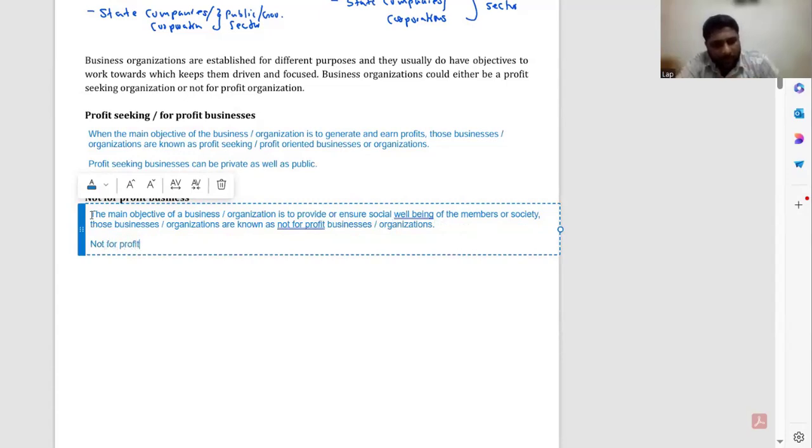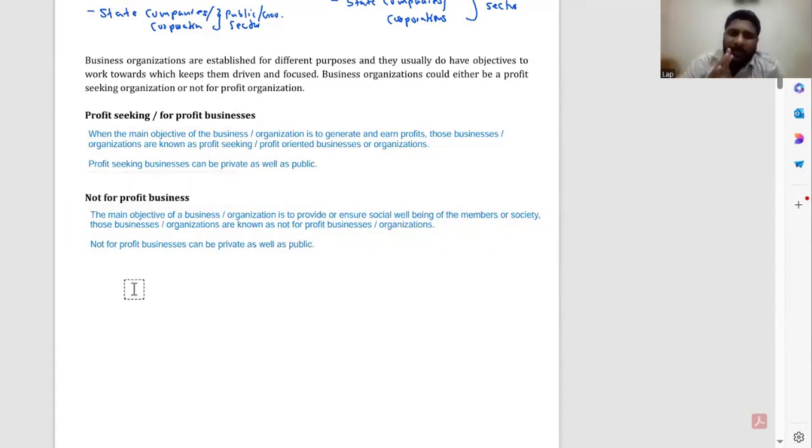Not-for-profit businesses can be private as well as public or government. Public means government.